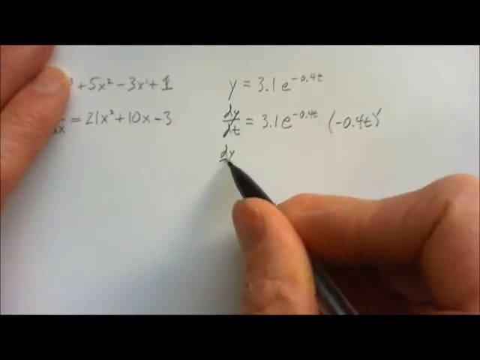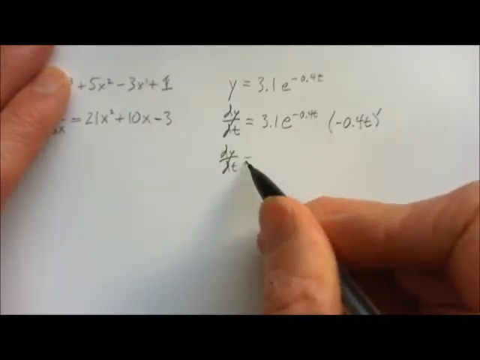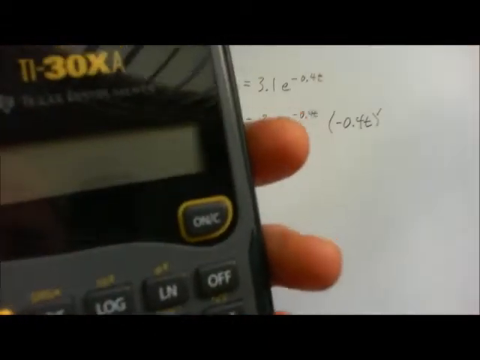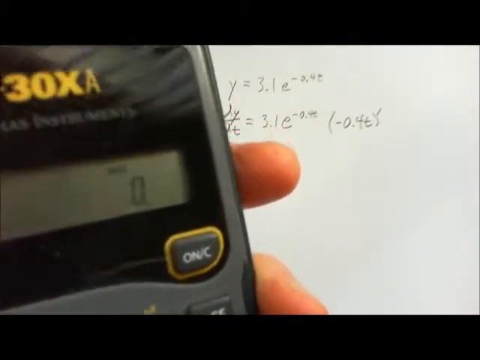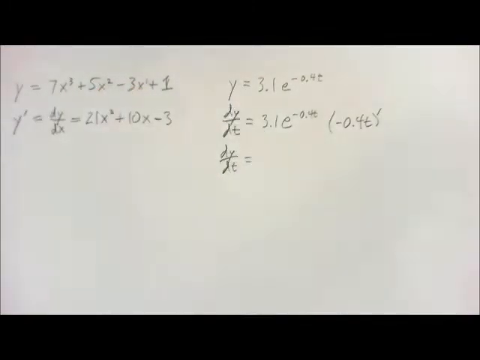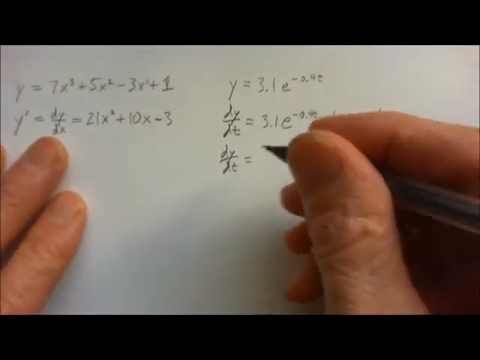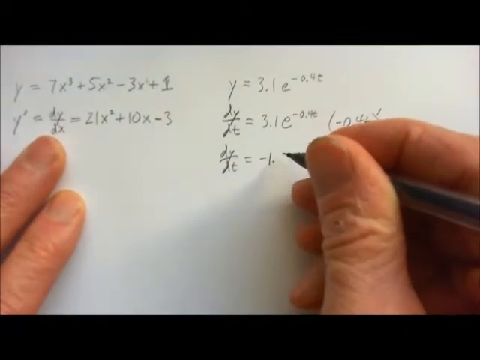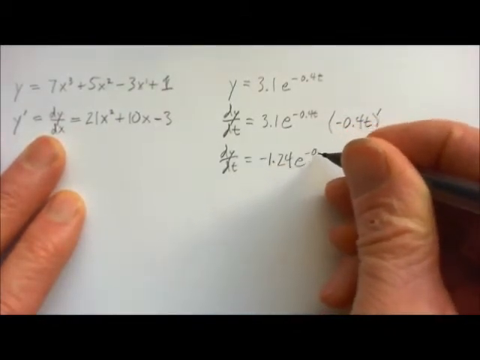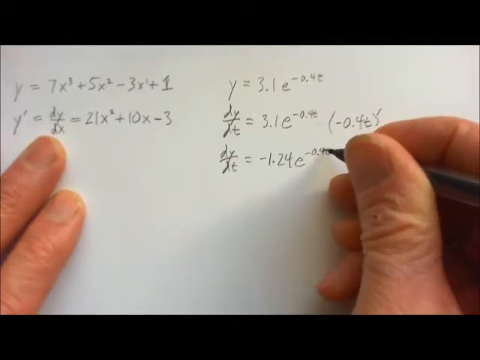So dy dt is then negative 0.4 times 3.1. Let me use my calculator to get that. So 0.4 times 3.1 equals 1.24, but it's negative, so we have negative 1.24 e to the minus 0.4t.